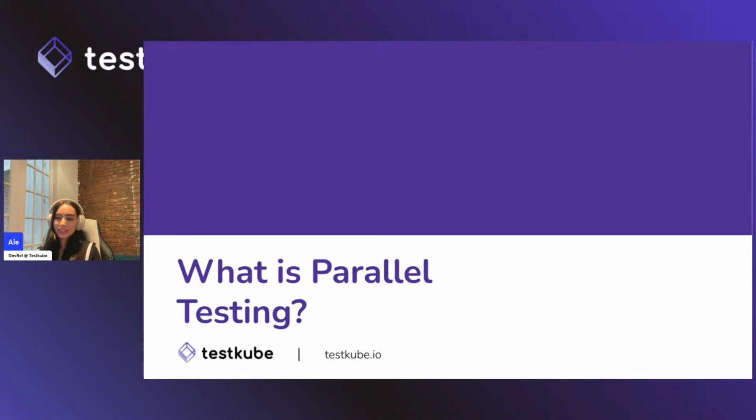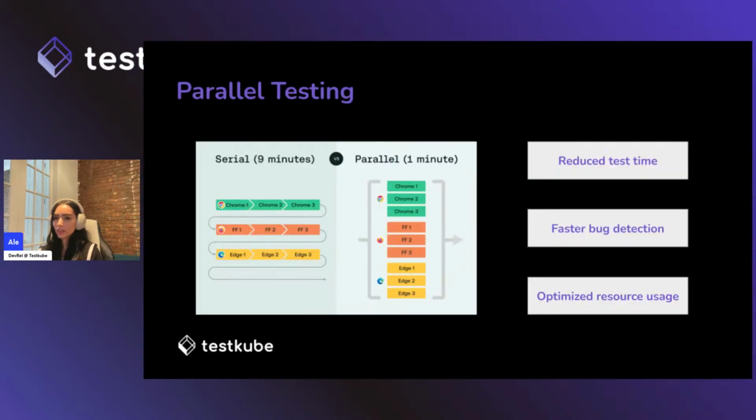So let's quickly cover what parallel testing is. Parallel testing is the practice of executing multiple software tests at the same time, simultaneously. So it's the opposite of sequential or serial testing as we know it, which requires one test to finish before you start the next one.